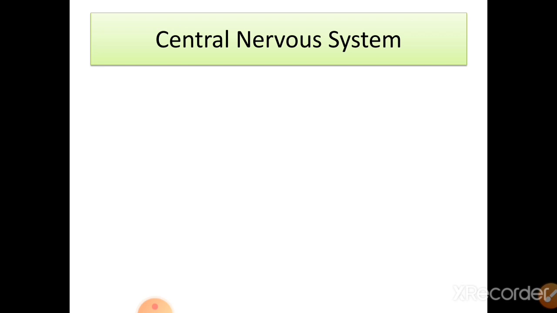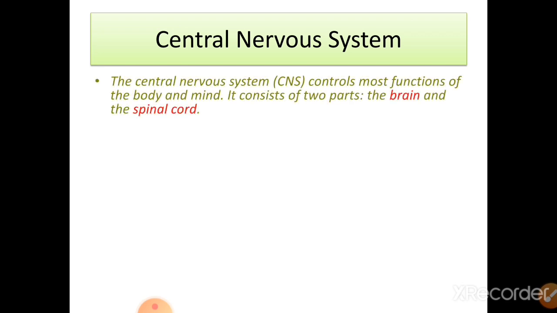The central nervous system consists of the brain and the spinal cord, and it controls most functions of the body and mind. That's why it is named the central nervous system.